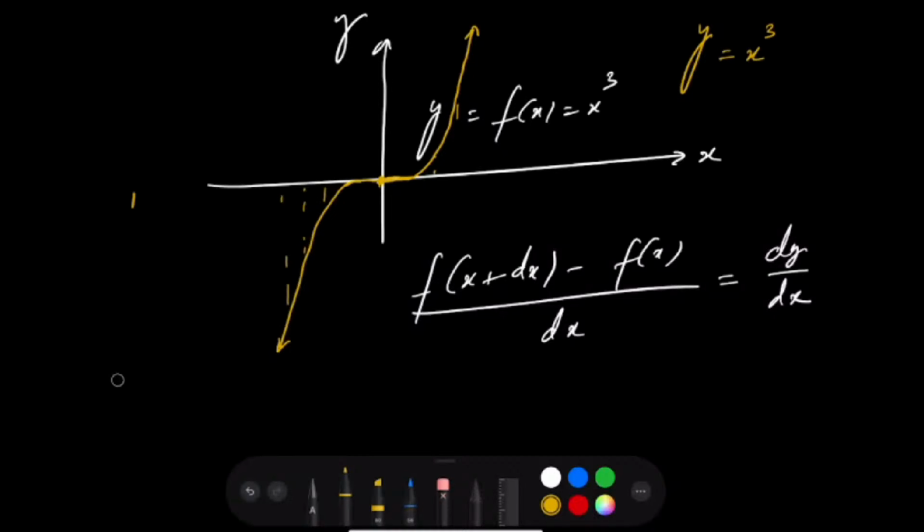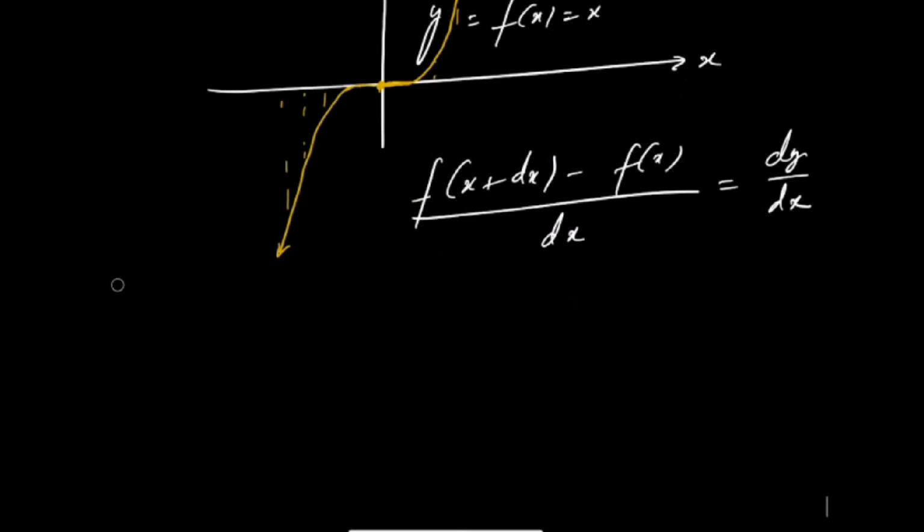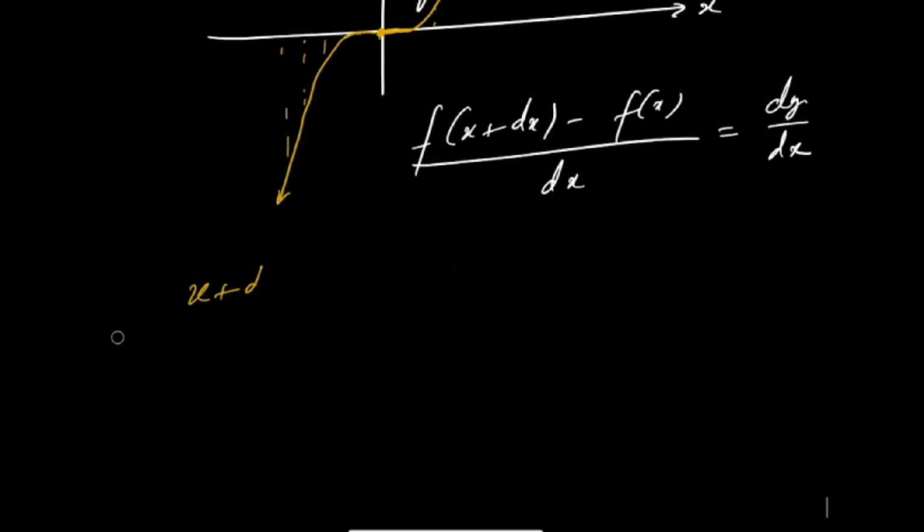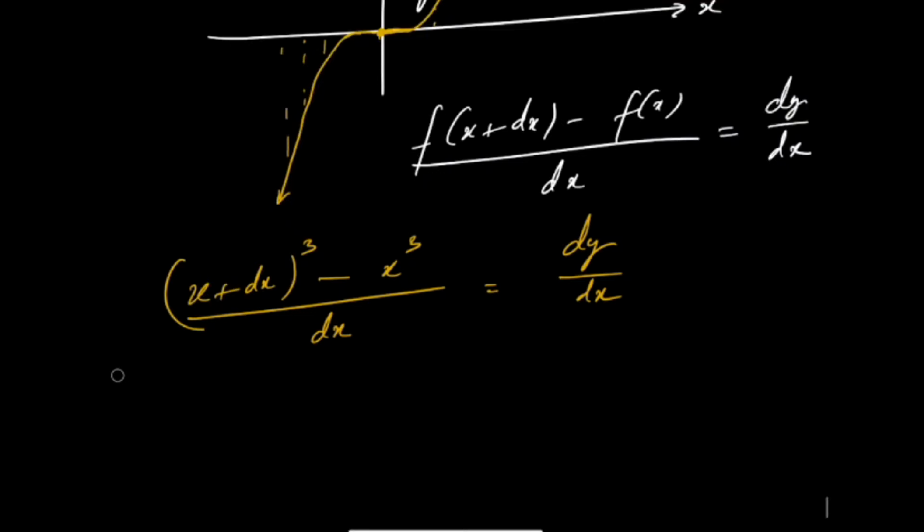So if I use this, what will I get? I'll get x plus dx whole cube minus x cube by dx equals dy by dx. So if I expand this, what is a plus b whole cube? It is a cube plus 3a square b plus 3ab square plus b cubed.